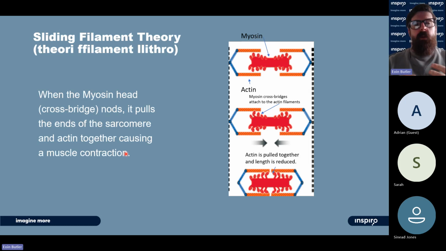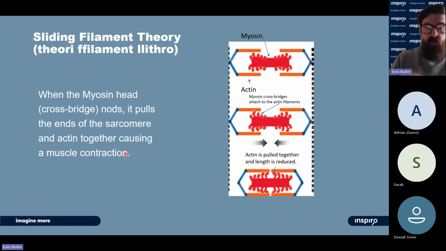So can anybody tell me what's required for a muscle contraction to occur? I mentioned one thing, there's another one as well. So what do we need for a muscle contraction to happen? Movement.